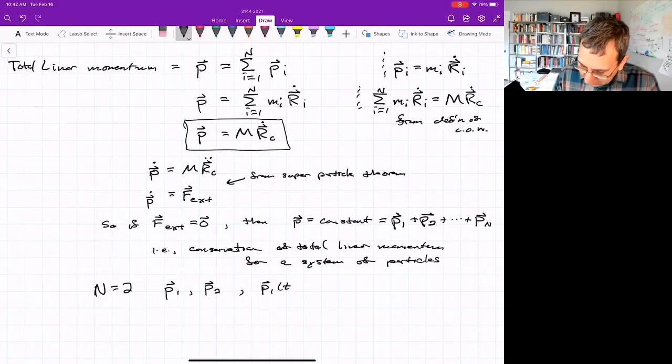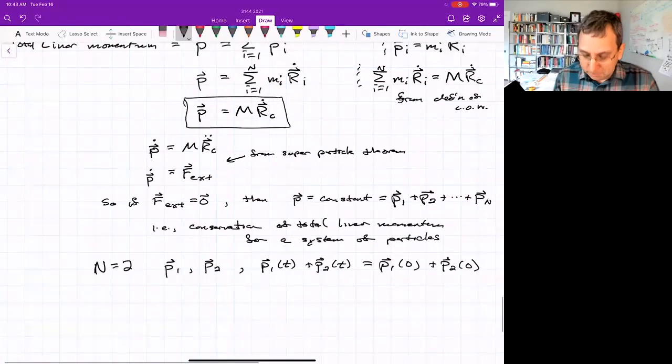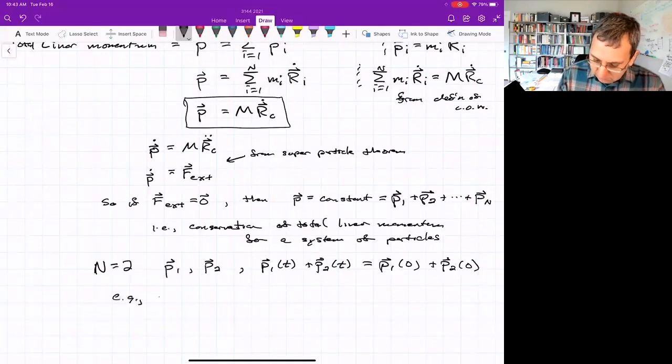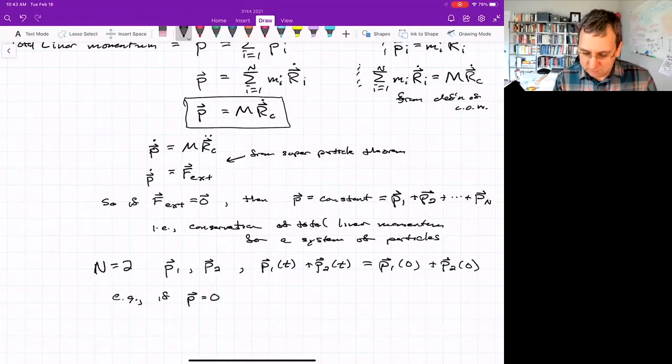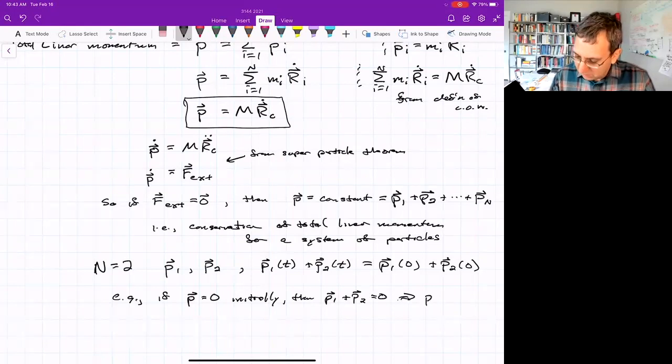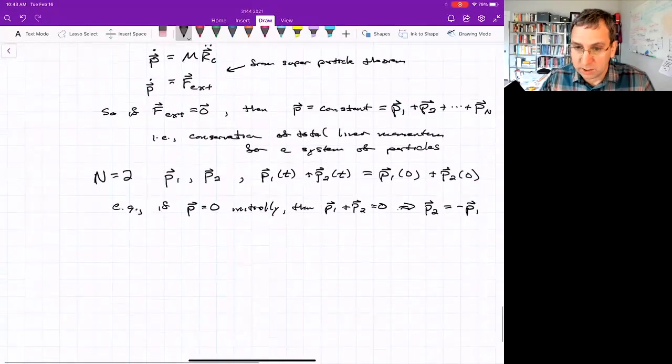So P1 at some time plus P2 at some time is always going to be what they were initially, if we call that time 0. And that can be useful. For example, if the total linear momentum is 0 initially, then it is for all times. So P1 plus P2 equals 0, which means you automatically know that these have equal and opposite linear momentum. Anyway. Maybe we'll use that at some point.